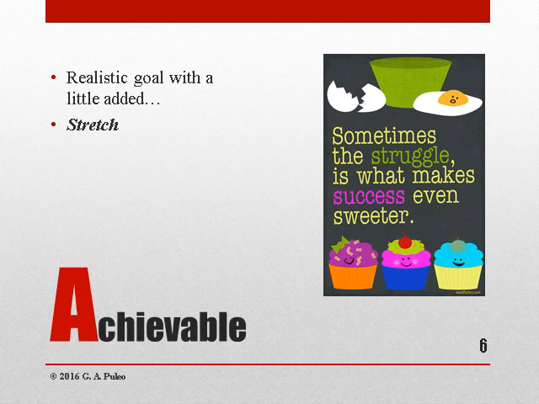In other words, a SMART goal is not something that you could do in your sleep. But by the same token, the ultimate goal that you're striving to achieve must be something that you have the capability to achieve. So going back to the idea of I want to make a lot of money, which, as we've said, is not a particularly smart goal using this acronym.